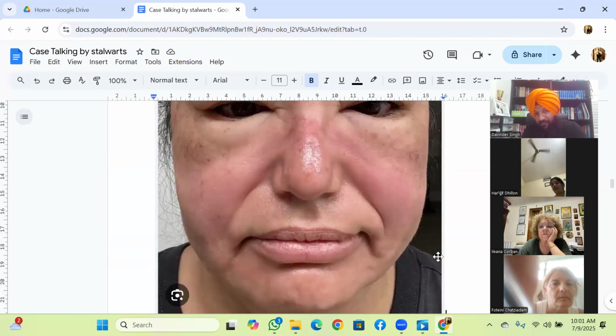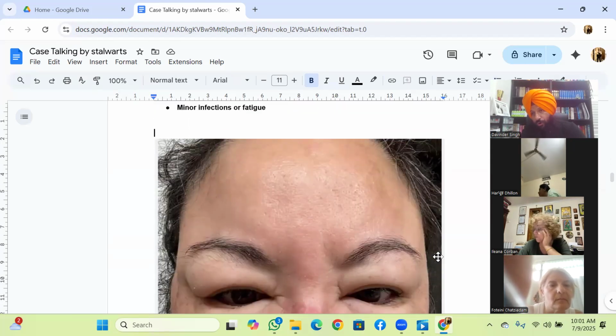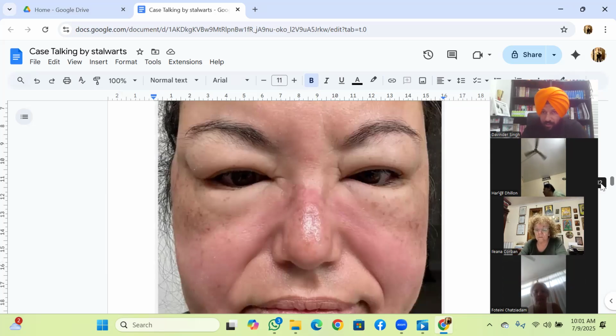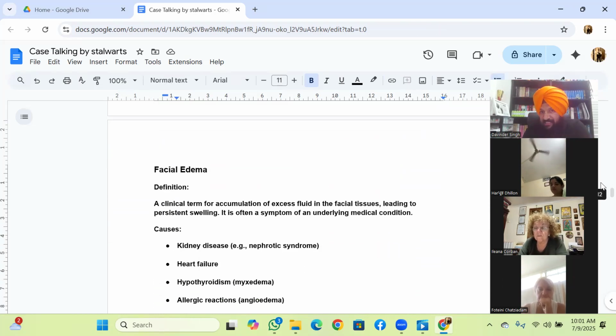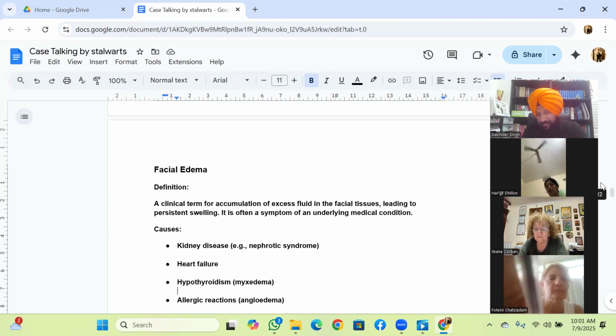These are the reasons for a puffy face. And so this is an oedematous face. Oedema. This is called oedema. There is a lot of swelling of the face. Everywhere you will see the retention of fluid. So oedema is a clinical condition, an accumulation of excess fluid in the facial tissue leading to persistent swelling.